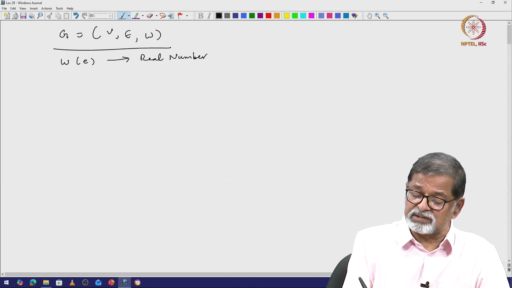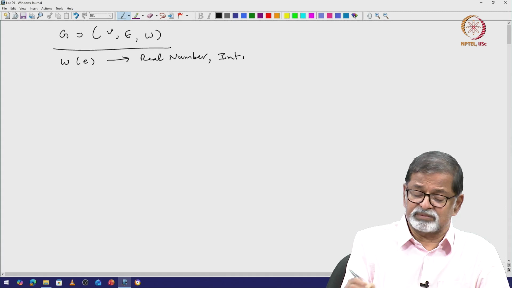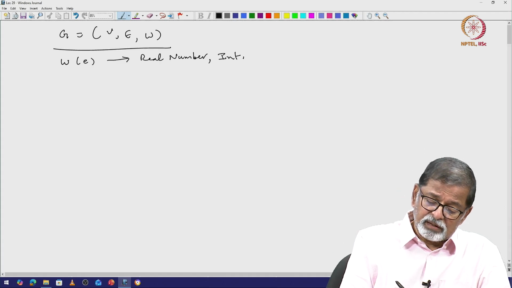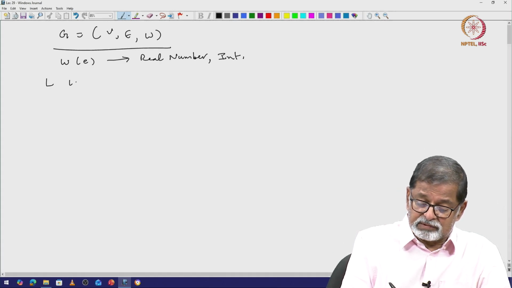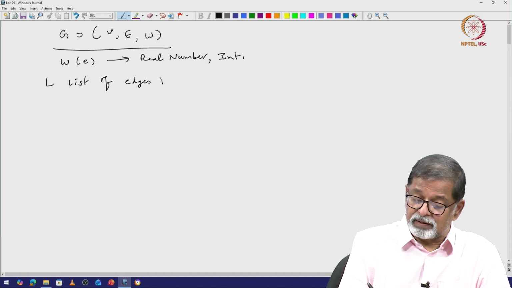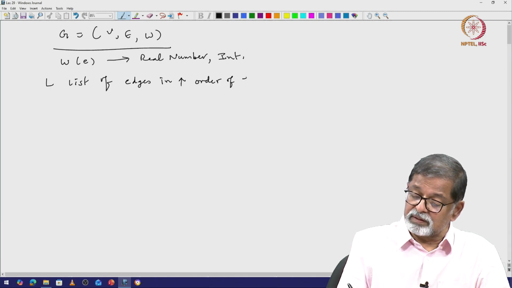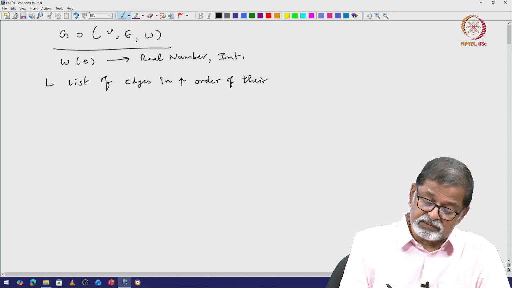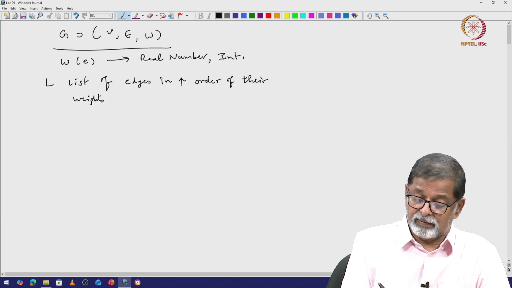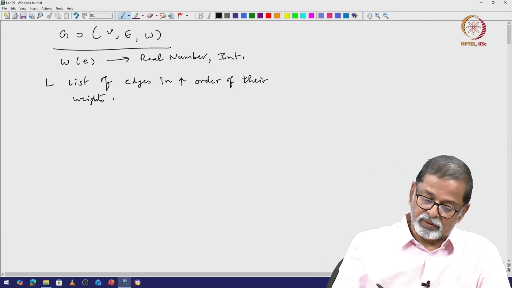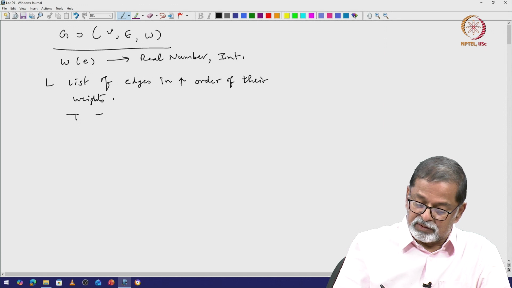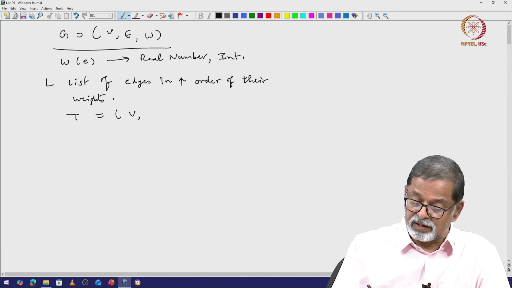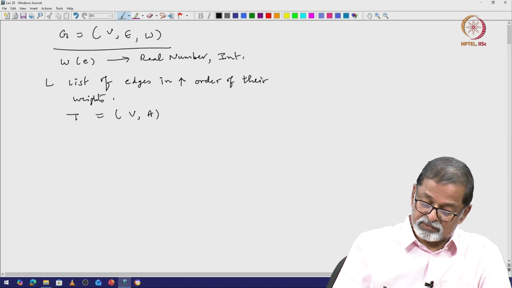Now we consider it as an integer, and let L be the list of edges in increasing order of their weights. Now the spanning tree T is denoted by the same vertex set and the edge set is A, and our algorithm is as follows.